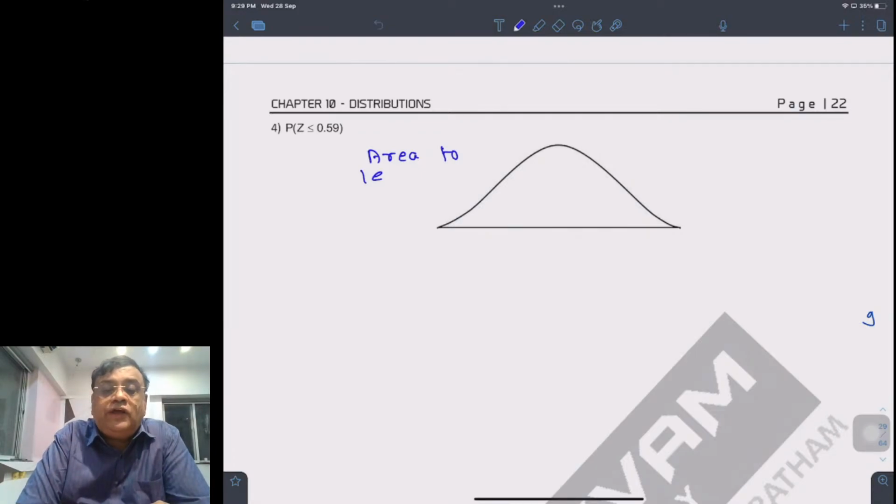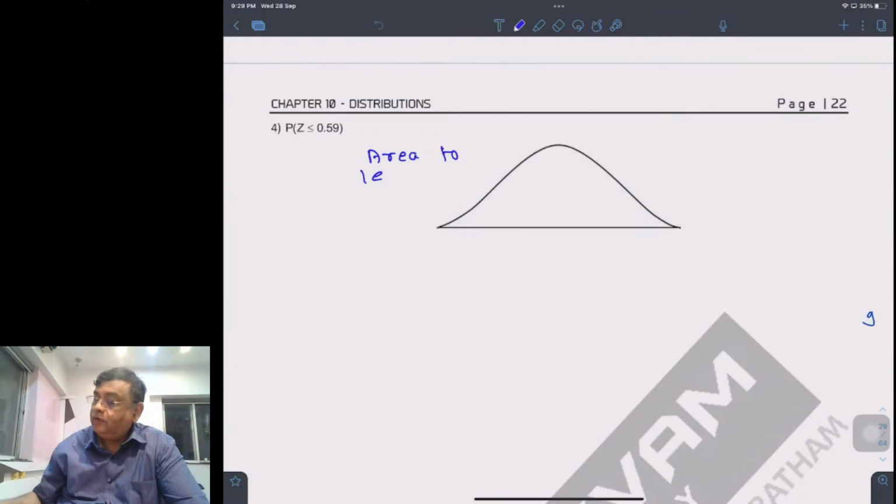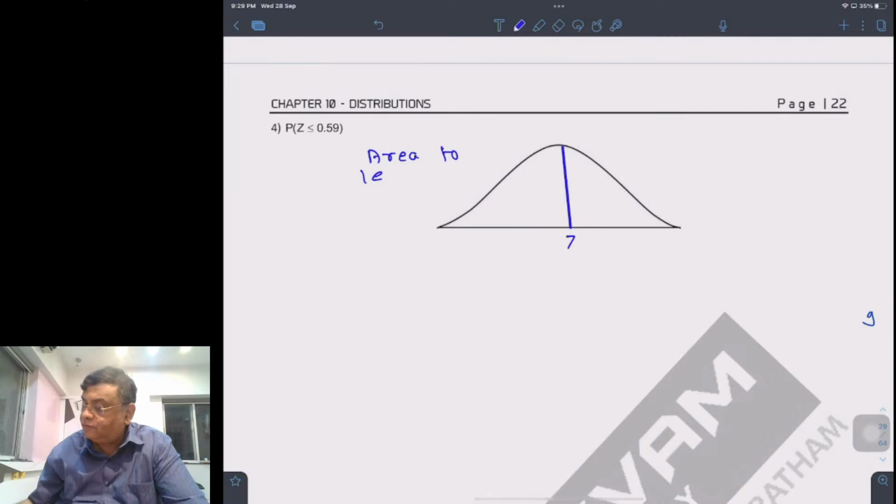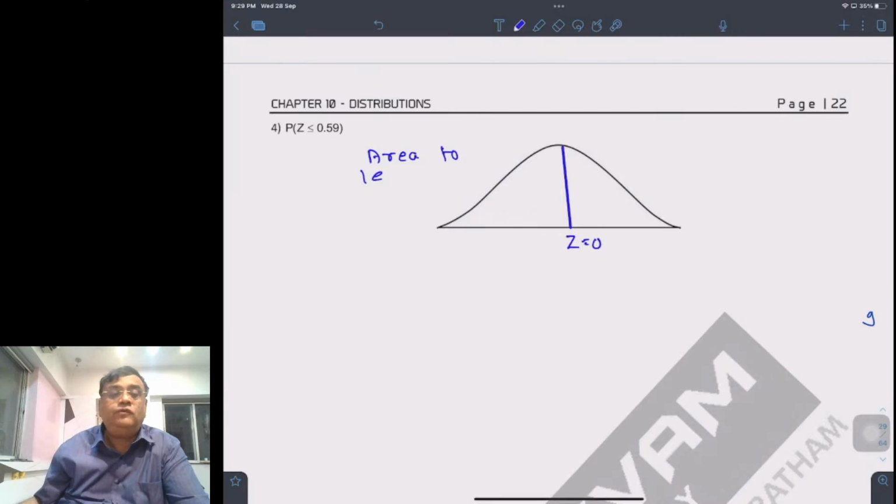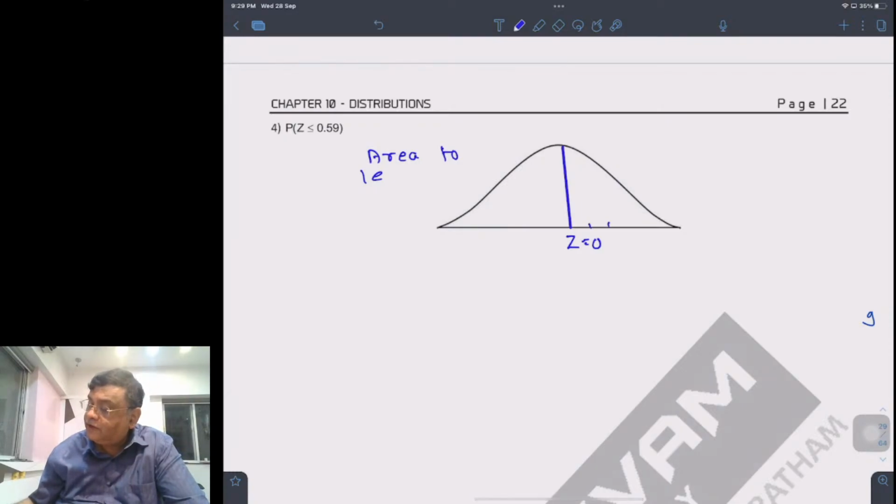So the other day we said normal curve is a symmetric curve, symmetric about z is equal to 0. Mind well, to the right of this there are positive values, to the left of this there are negative values.